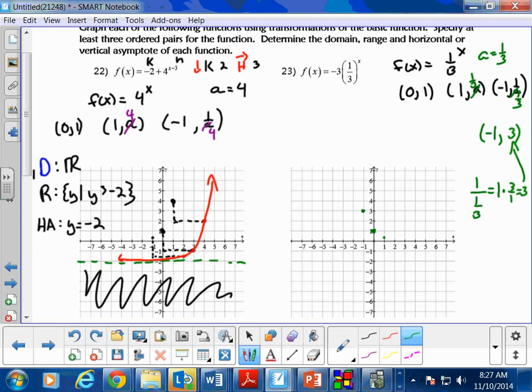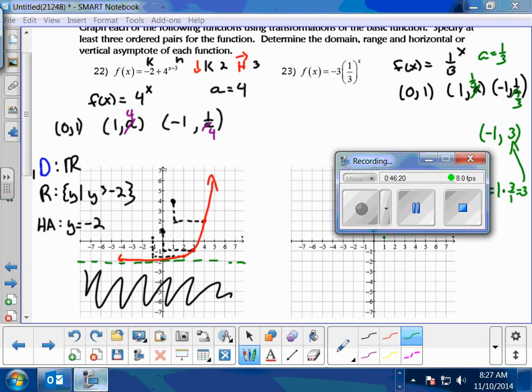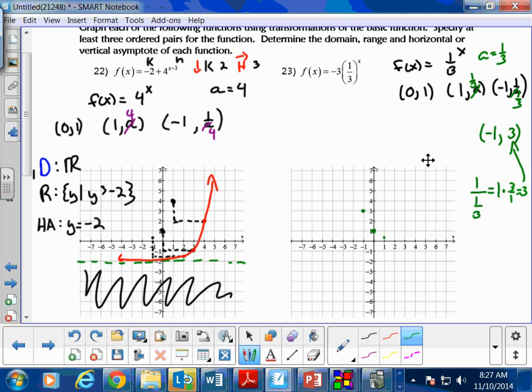Now, this one has a b value, which is -3. So there's no h, there's no k present. Now there's something that does occur, because if our b value is equal to -3, remember b controls stretching or compressing.